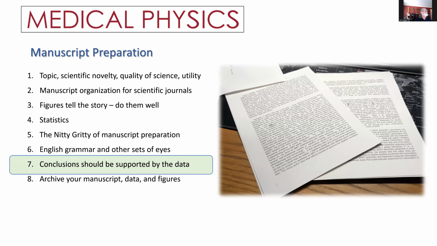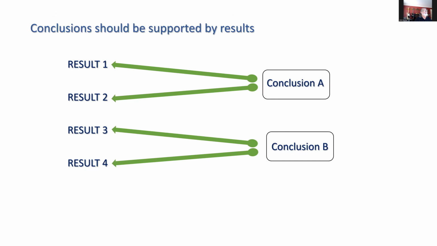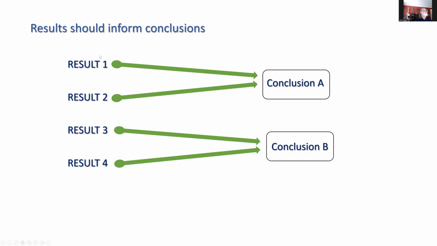So conclusions, of course, they should be supported by the data. And so if I make a conclusion, I should be able to find the results in the results section that lead to that conclusion. So the conclusions should be supported by the results. Conversely, the results should inform the conclusions.